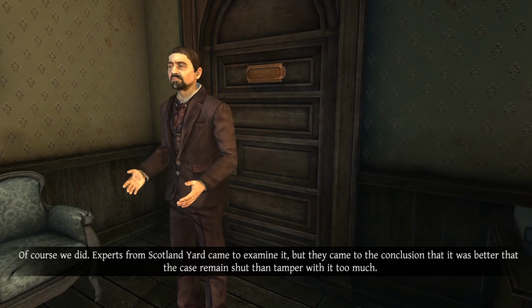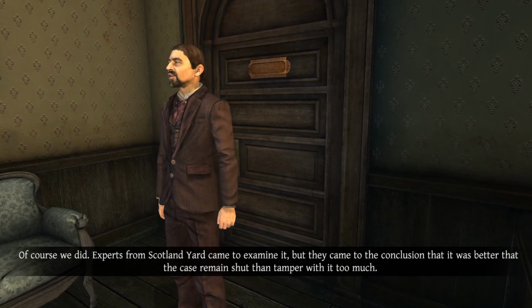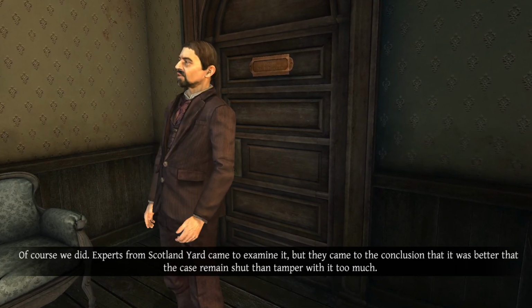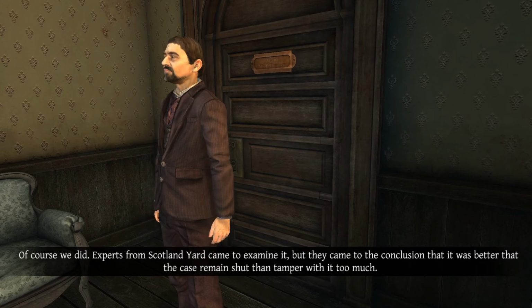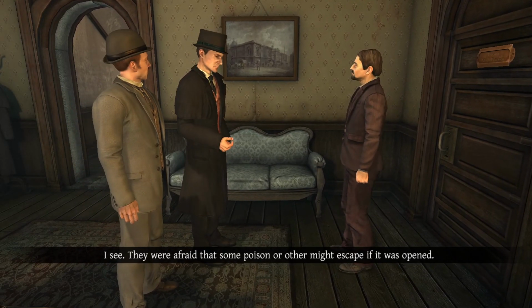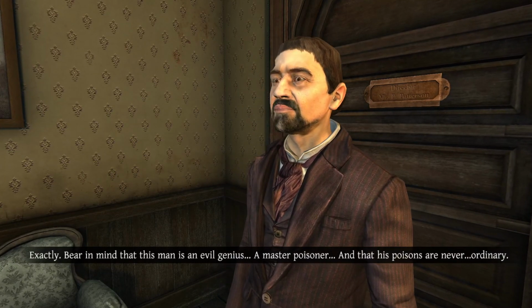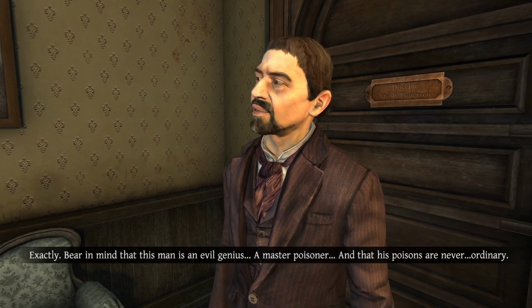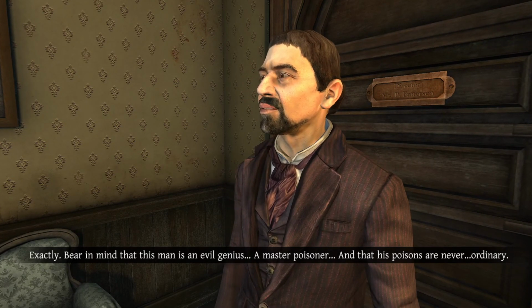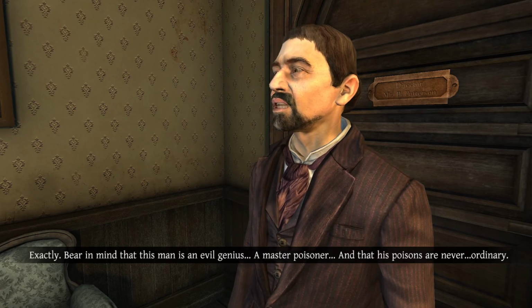Of course we did. Experts from Scotland Yard came to examine it, but they came to the conclusion that it was better that the case remain shut than tamper with it too much. I see. They were afraid that some poison or other might escape if it was opened. Exactly. Bear in mind that this man is an evil genius, a master poisoner, and that his poisons are never ordinary.